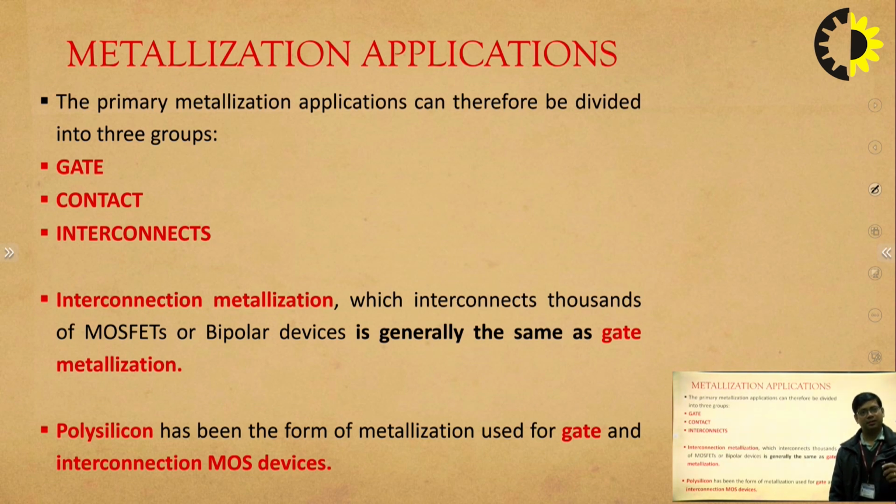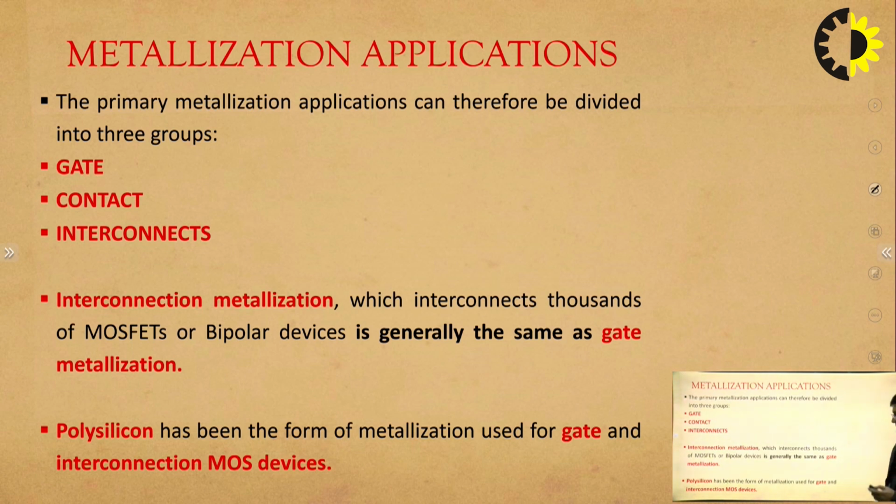Now, the next topic is metallization applications. Here we can see the primary metallization applications can be divided into three groups: gate, contact, and interconnects.